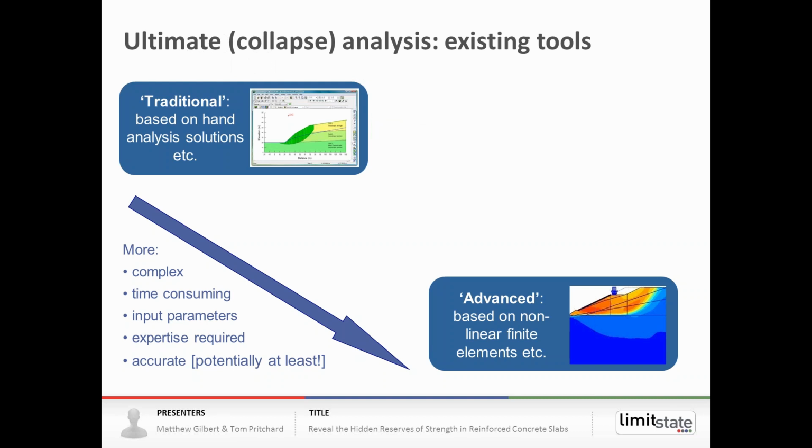Typically, those have been automated in some way by embedding those hand calculations in a spreadsheet, a company spreadsheet could be, or in a simple software tool. And at the other extreme, we have advanced tools such as nonlinear finite elements, discrete elements, what have you.